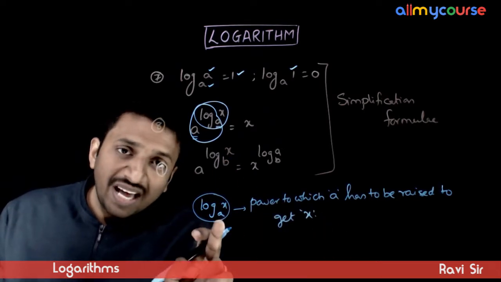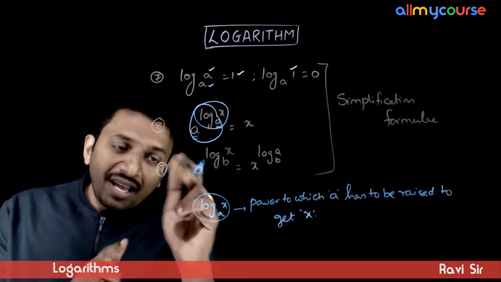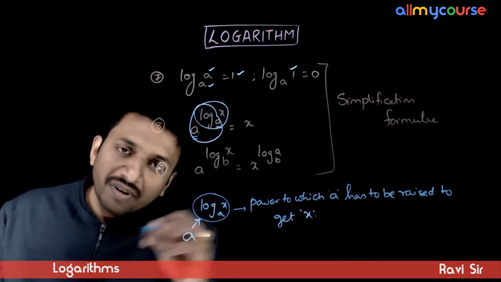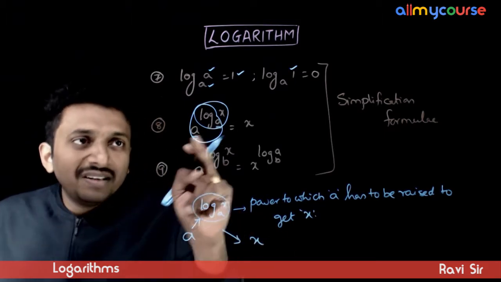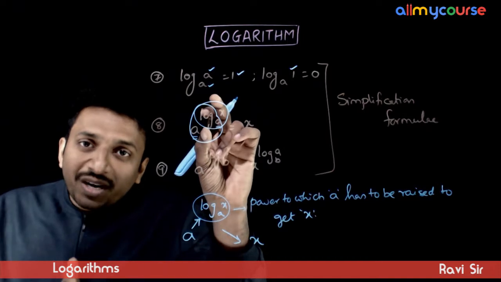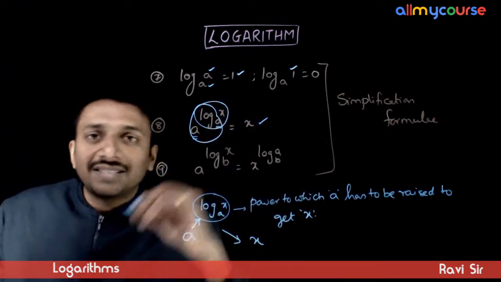Now, if I raise a to exactly this power, what do you get? You have to get x, right? So this is the power to which a has to be raised to get x, and I'm actually raising a to that power, so you're getting x as the answer.